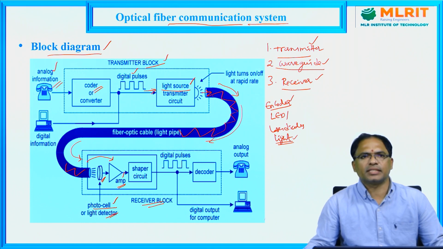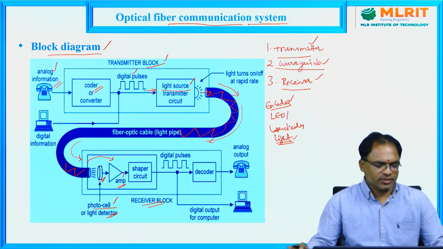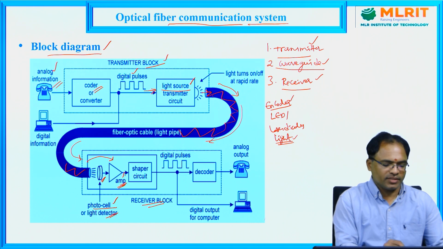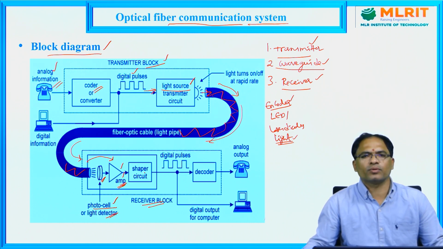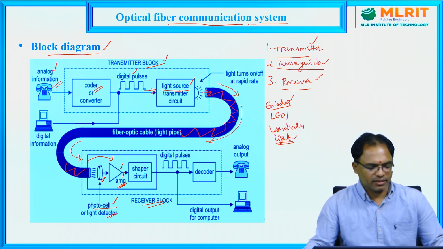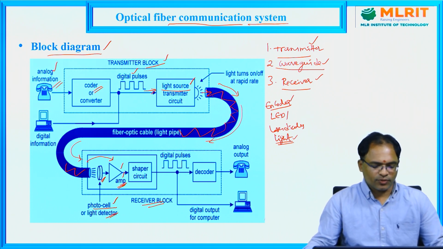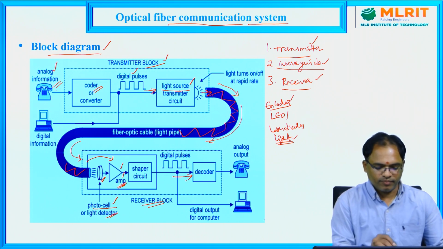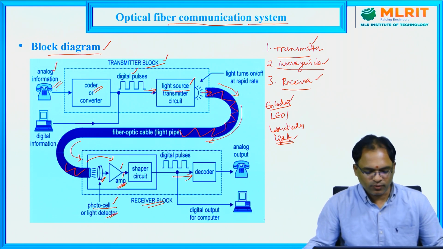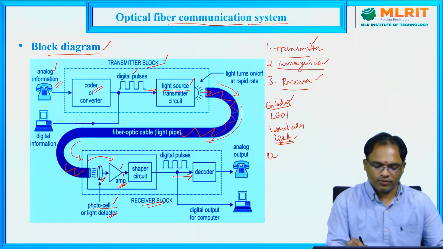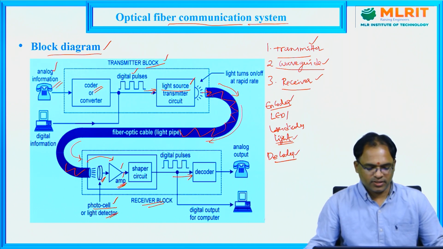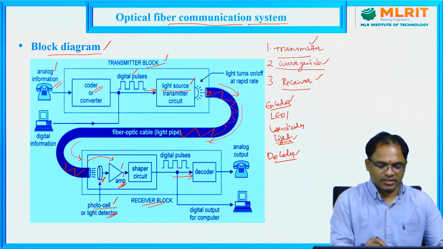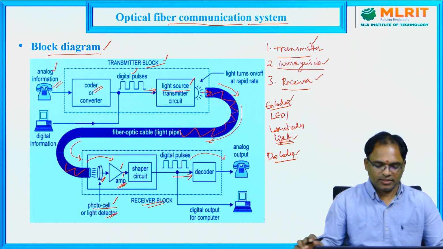To strengthen these signals, the process of amplification is done by this amplifier, and then finally the shaper circuit puts all those signals in a particular order, and these signals are fed into the decoder. The functioning of the decoder is exactly opposite to the functioning of the encoder in the transmitter. The decoder converts the digital pulses into analog signals.